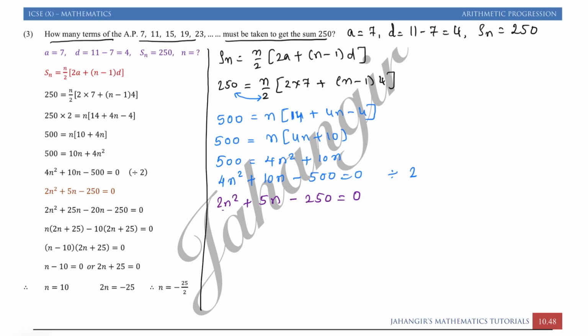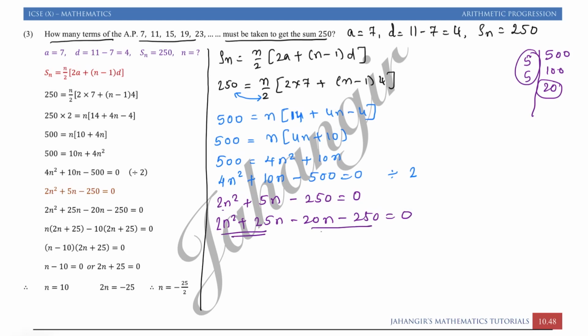250 into 2 is 500. We have to find the factors of 500. 5 twenties are 100, okay, I got 25 into 20. So I can write 2n square plus 25n minus 20n minus 250 is equal to 0.